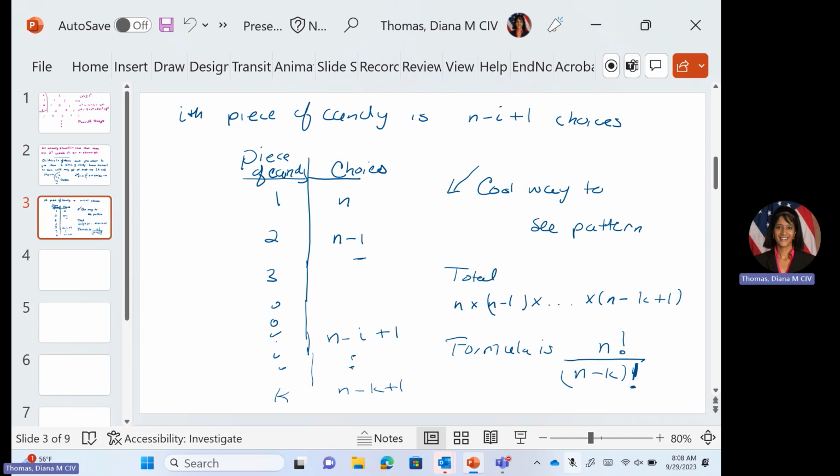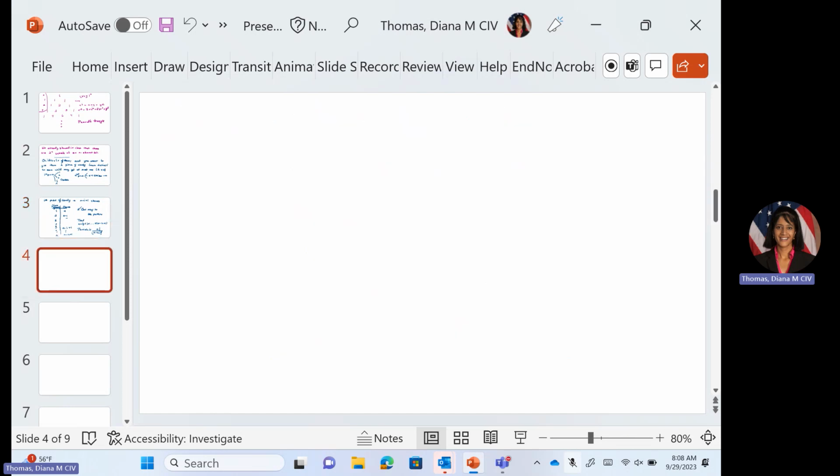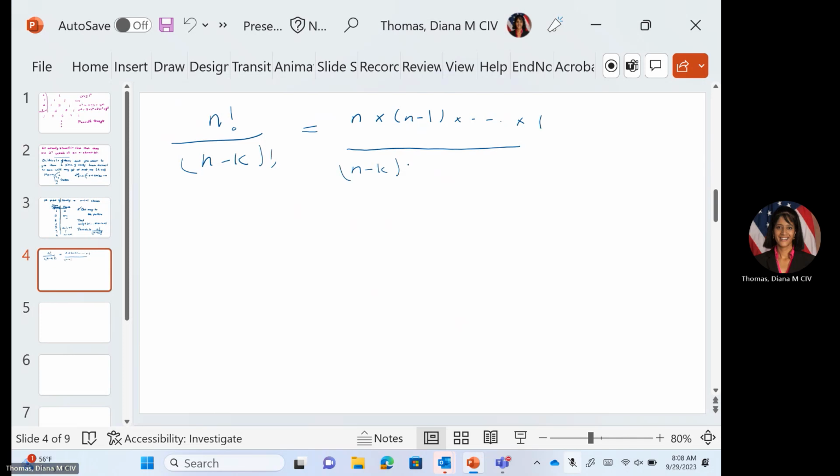Like as you saw from the one I gave you, you have to know why the third one nested into the fourth one and on and on. So where that formula comes about is if you look at n factorial divided by n minus k factorial and just do the math, n factorial is this. And then n minus k factorial is this. All the way to 1.